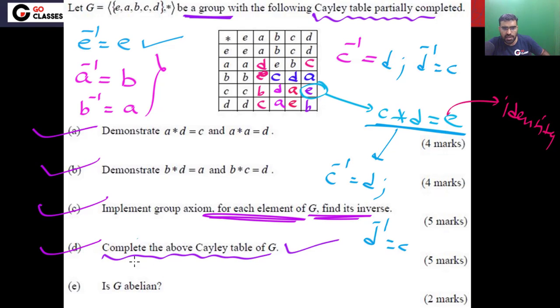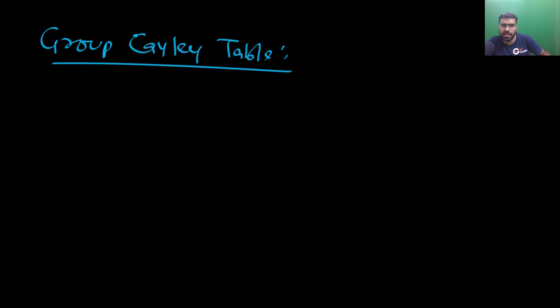Now the last question: is G abelian? How to check whether this G is abelian or not? In a Cayley table, when can you say that a group is abelian? This will be abelian if and only if the table is symmetric.